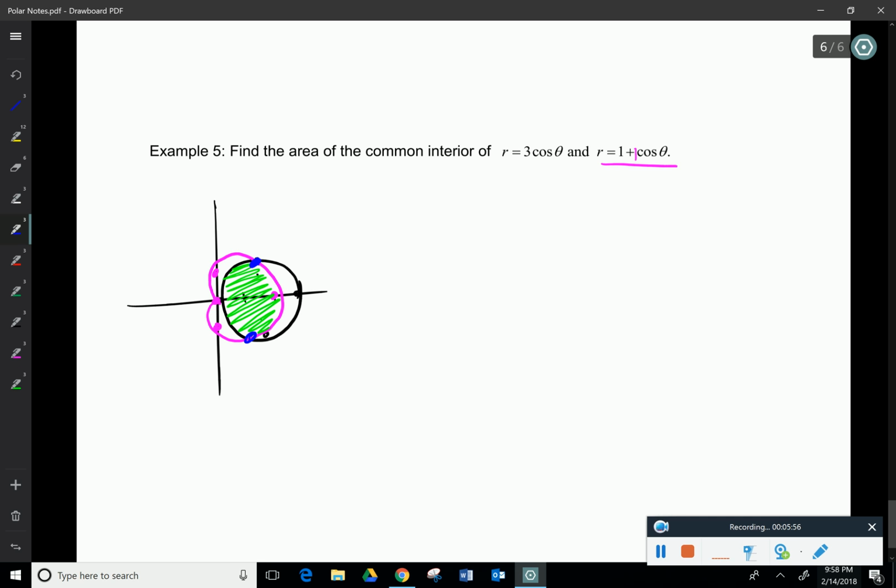I have two curves that intersect, so I'm looking at that angle and that angle. Okay, so let's find points of intersection. When does 3 cosine equal 1 plus cosine? If I subtract, 2 cosine is going to equal 1. So cosine is 1/2.